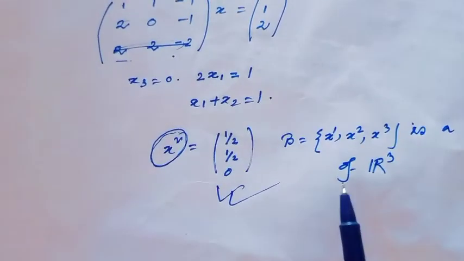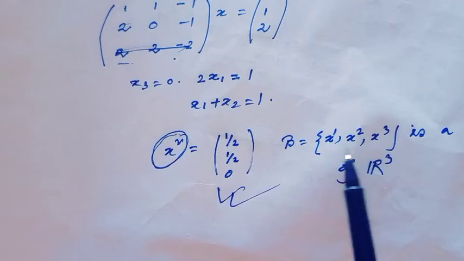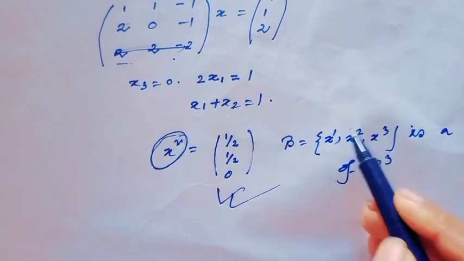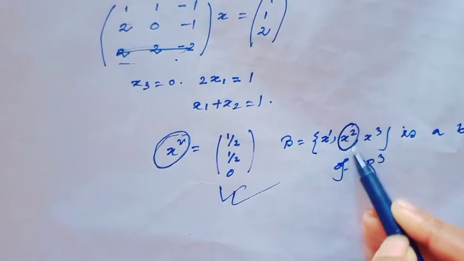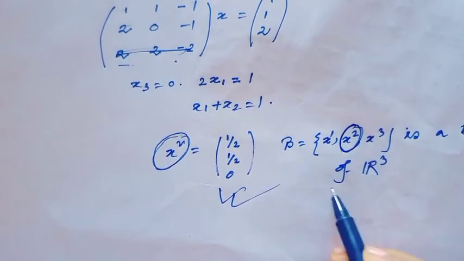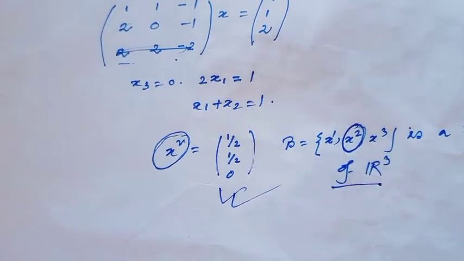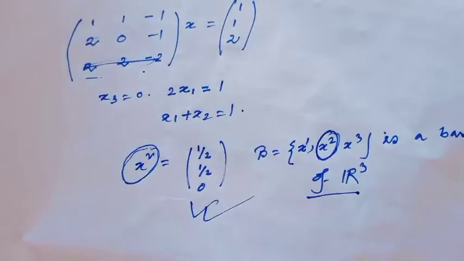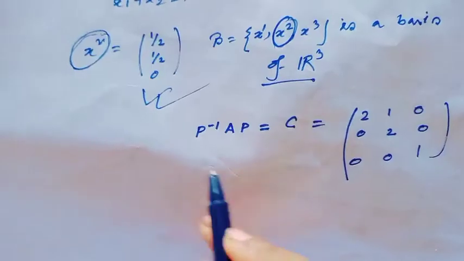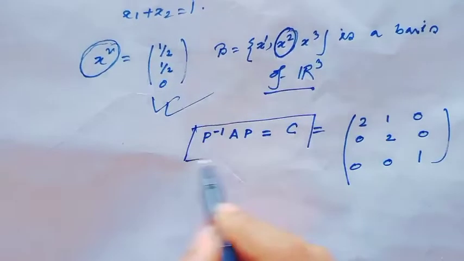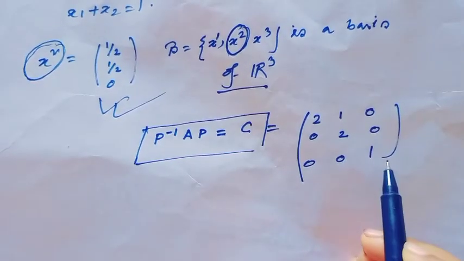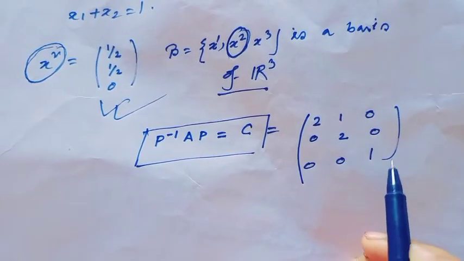So in my hand I have 3 basis vectors, of which two are eigenvectors and this one is the generalized eigenvector: x1, x2, x3. This is a basis of R3, and for this basis I will get a matrix which is similar to this Jordan canonical form: 2, 1, 0; 0, 2, 0; 0, 0, 1.